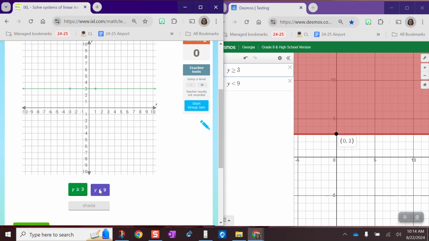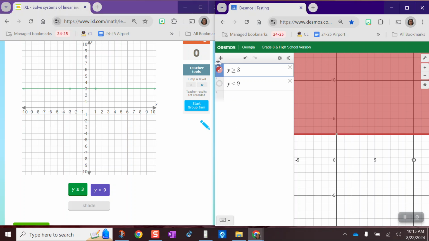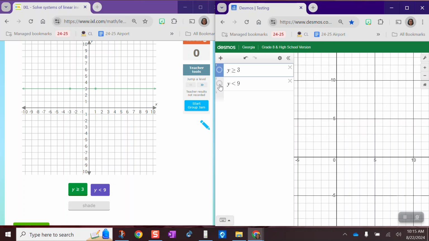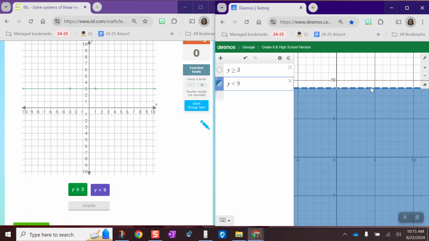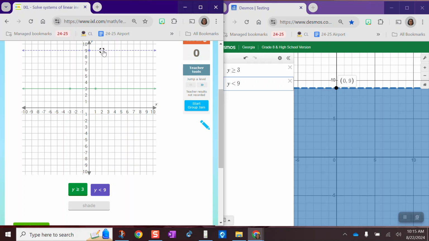Now I'm going to graph y is less than 9. I'm going to get rid of the red one and click on this one. So this is a dashed line across y equals 9. And how do I get it to be dashed? You see the 3 dots? You click on that, now it's dashed.